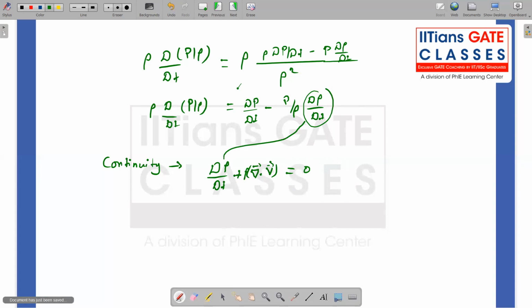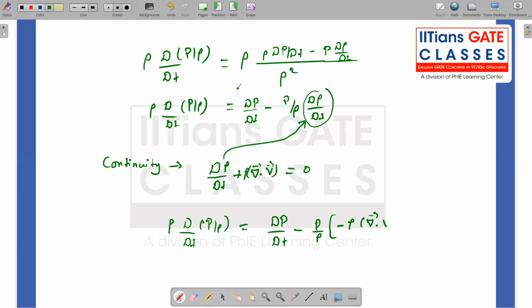That gives me rho times D/Dt of (P/rho) equal to DP/Dt minus (P/rho) times minus rho divergence of velocity.